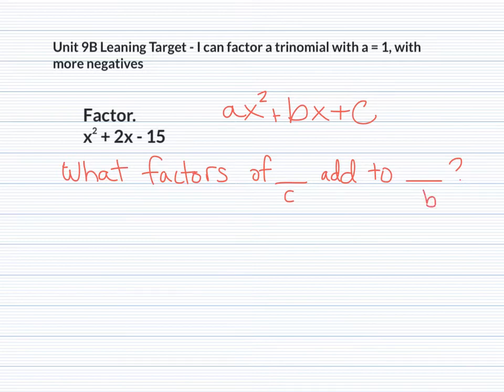So we look at this, our C value is that constant. This time we have a constant of negative 15. So what factors of negative 15 add to 2?